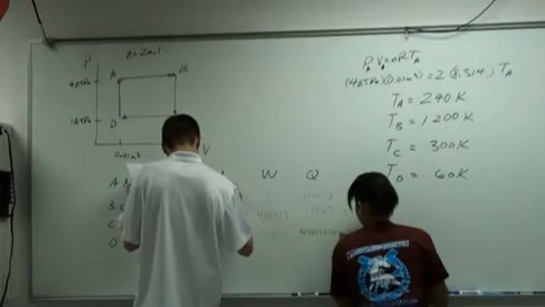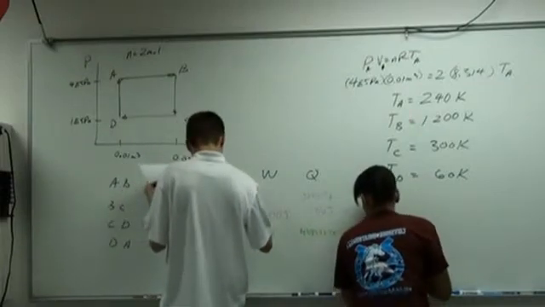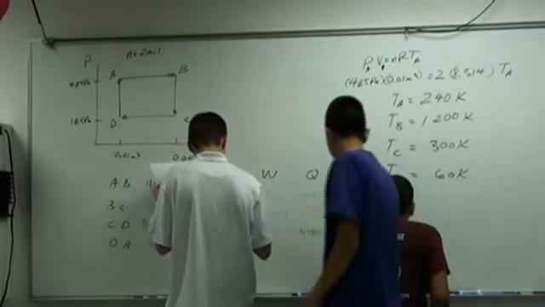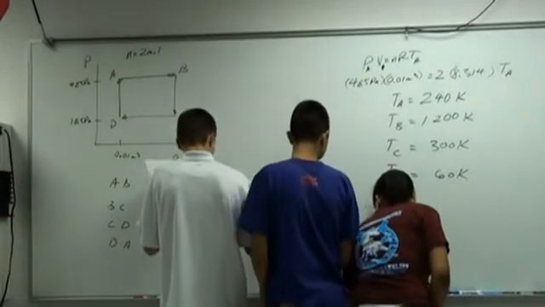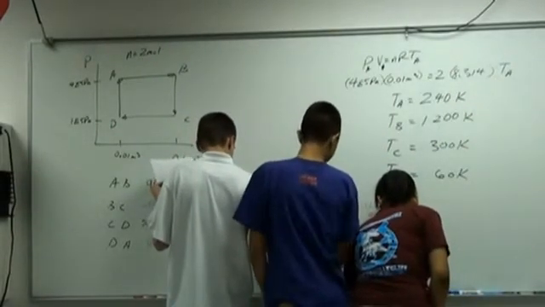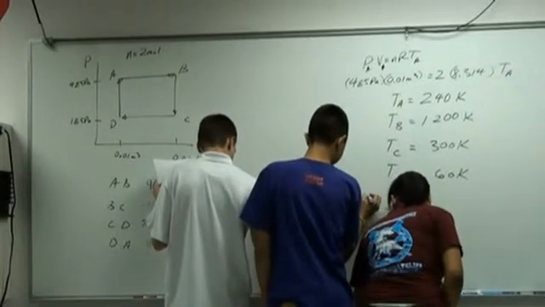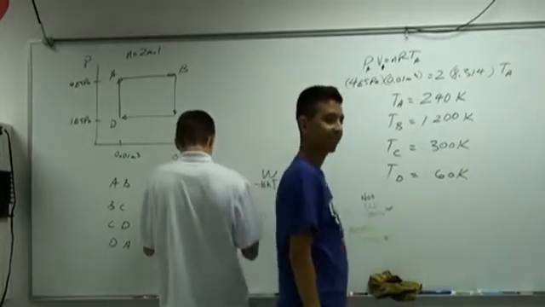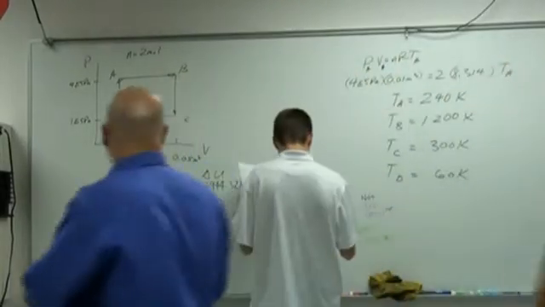Because we have negative 900 for temperature. No, something's wrong because the temperature changes don't add up to 0. Well, we rounded, so it was off by only 20, and we rounded on all of it.